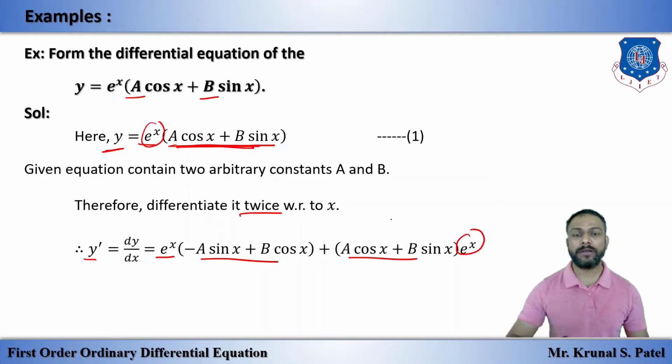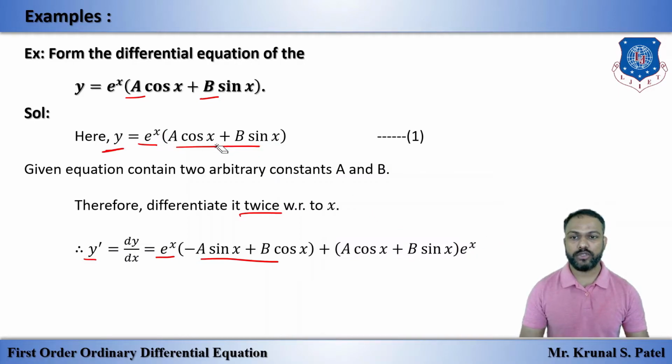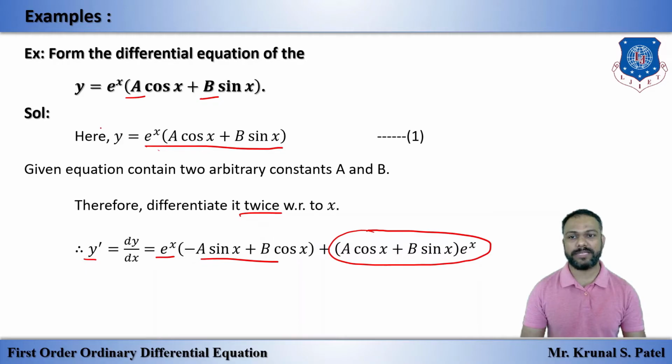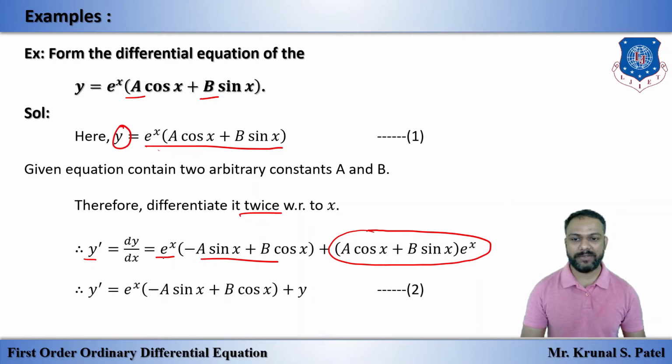Now before differentiating a second time, first observe this equation. You can find some relation with equation 1. You can find this term is exactly the same as equation number 1, so instead of this we can put y, so y dash becomes this as it is, and this is our y.